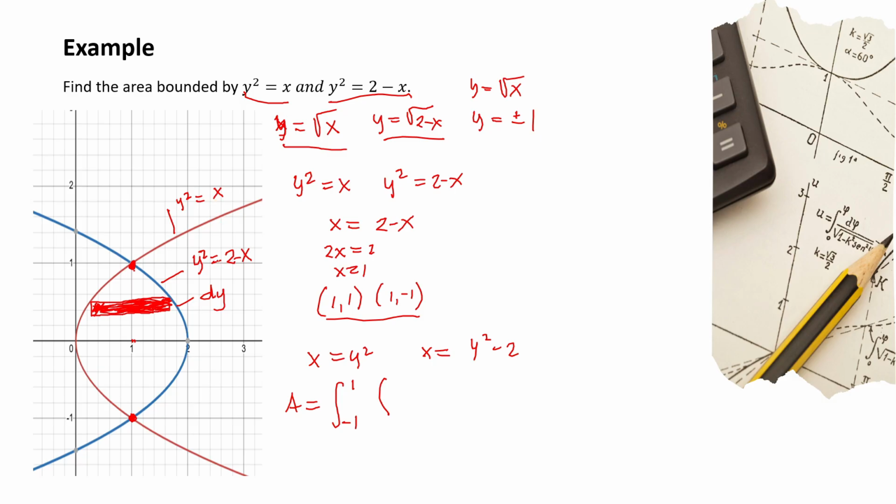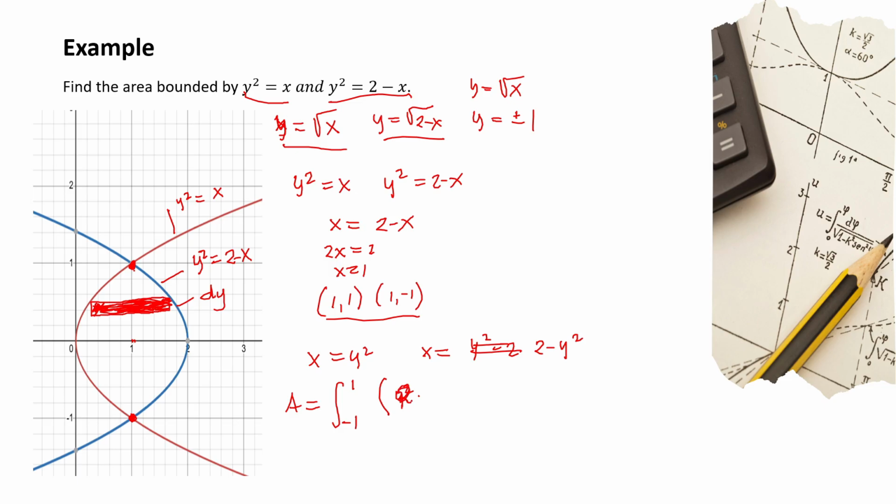So from left to right, the first equation that we're going to have is y squared is equal to 2x. So from right to left, y squared, this is x, this is 2 minus y squared.